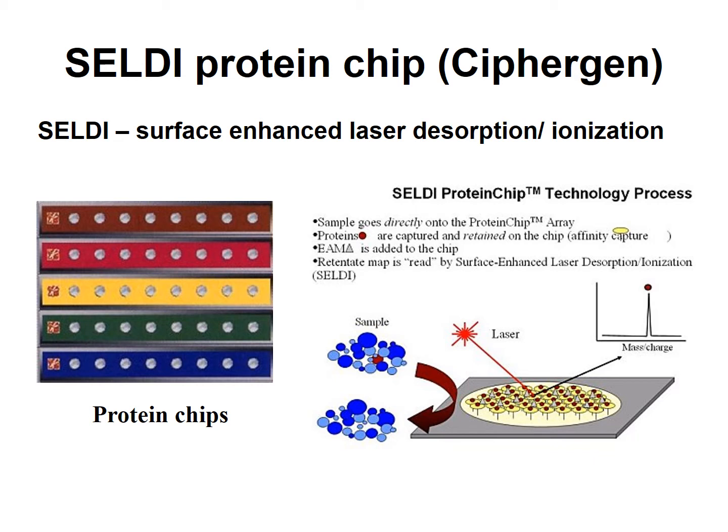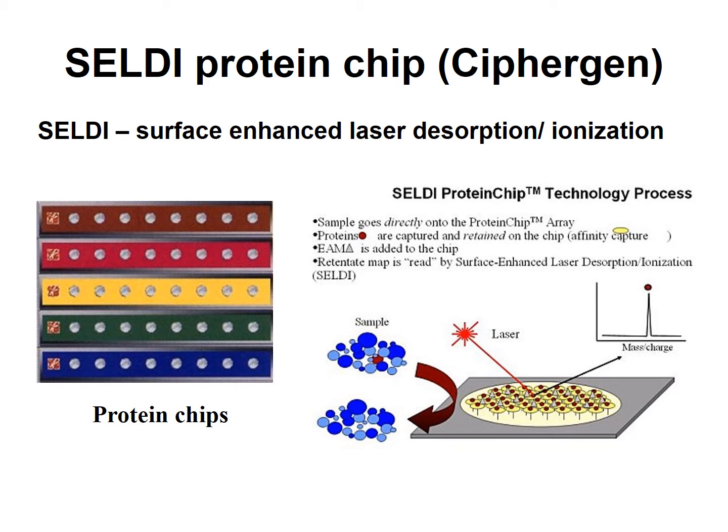Okay, so these are the SELDI protein chips. Each chip binds a different class of proteins, and the matrix is here, and you hit this spot with a wavelength of light, and here it is here. So your sample goes directly into the array, and they called it an array, like a bingo card.